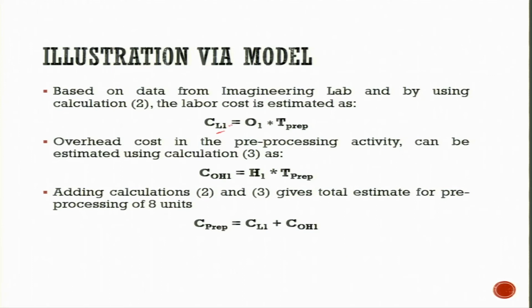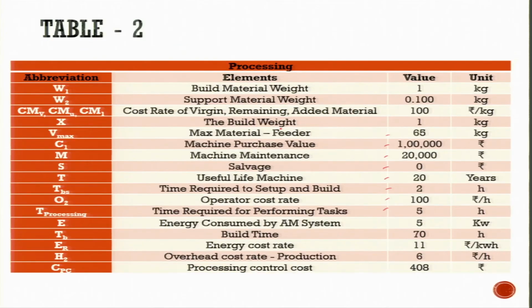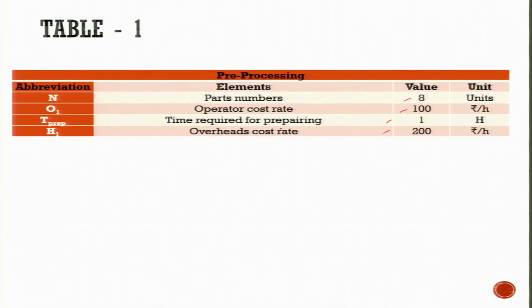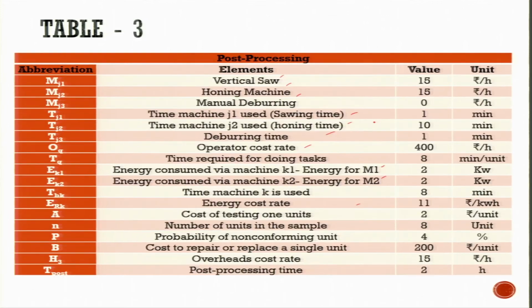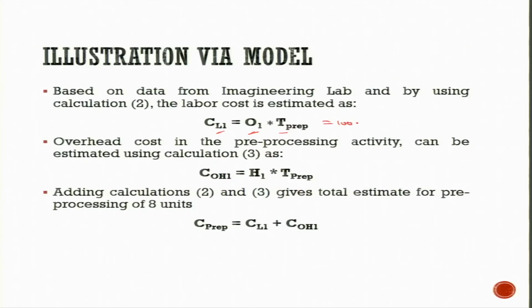First is the cost of the labor for the pre-processing, which would be the operator cost rate, that is O1, into the time for the pre-processing. The operator cost rate here, you can see in the table for pre-processing, is 100, and the time for the preparation is 1. So, 100 into 1.